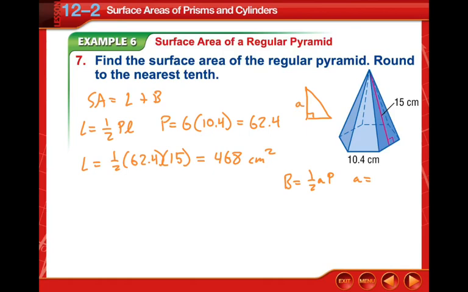This is our apothem of the base. This is 5.2, and this is 10.4. So it's that triangle. So it's going to be equal to the square root of 10.4 squared minus 5.2 squared.